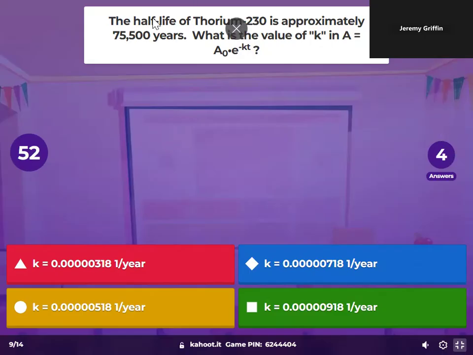You guys see this 75,000 years right here? If you plug that in for the time, since that represents one half-life worth of time, then what do you know about A compared to A naught? It'd be half. Like whatever you start with, you'll end up with half of that, as long as 75,000 years have passed.